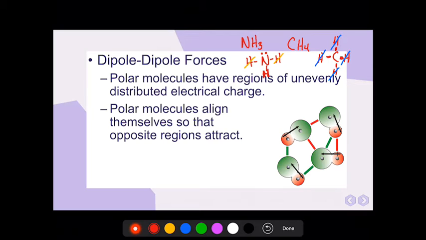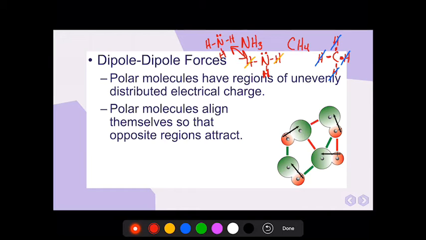So we would answer this question, does the molecule contain polar bonds? Yes, it does. But is the entire molecule polar? And the answer is yes, it is polar. So since the molecule is polar, what actually attracts this to another ammonia molecule, maybe it's over here floating around, this one's going to be attracted to this one, and that attraction is going to be called dipole-dipole forces.